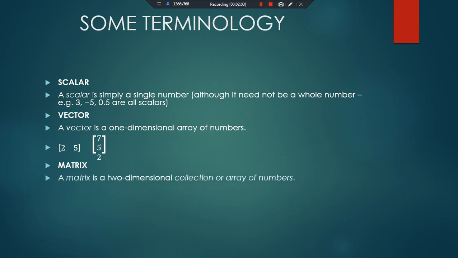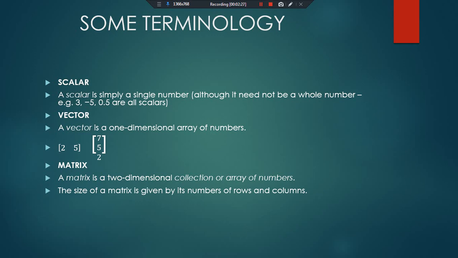Matrix. A matrix is a two-dimensional collection or array of numbers. So technically, when you arrange your numbers or data in the form of columns and rows, this is known as a matrix. The size of a matrix is given by its number of rows and number of columns.